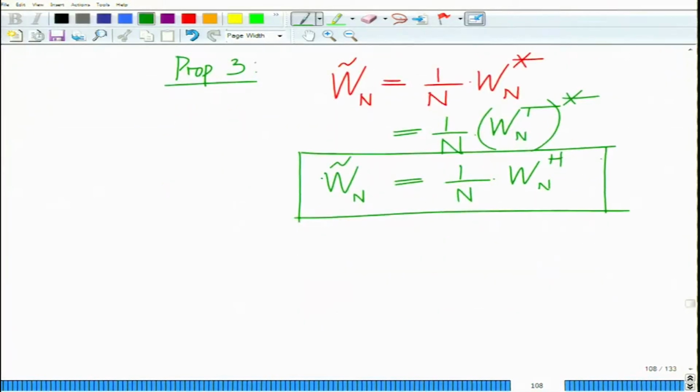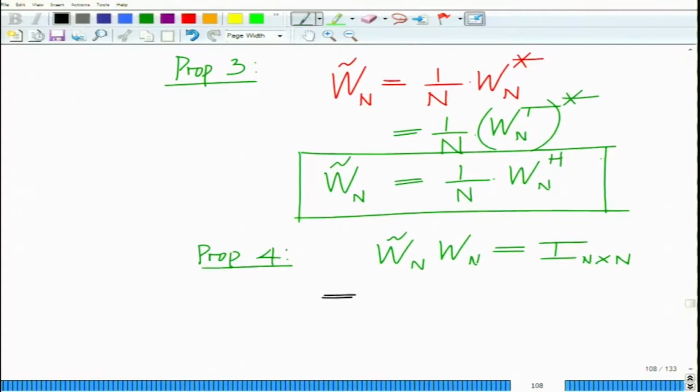Therefore, now you come to property 4, which is basically Wn tilde into Wn equals the n cross n identity.